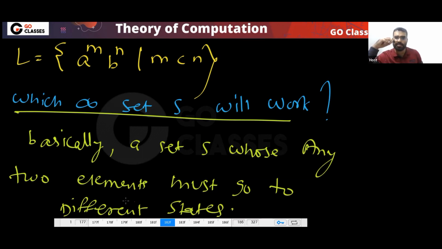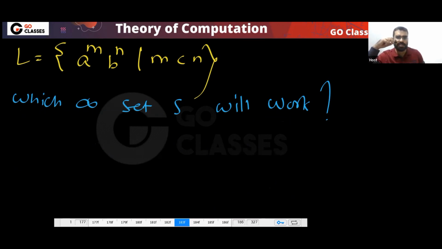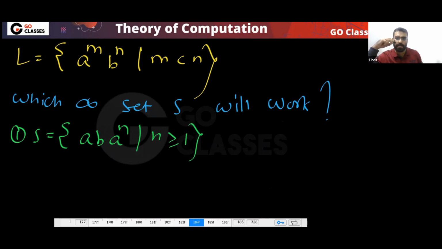Basically, any two elements must go to different states. So tell me, which set will work? Will this set work? Is this set going to work?